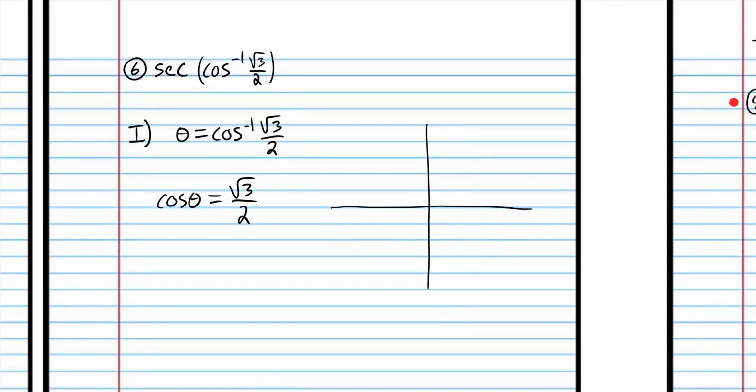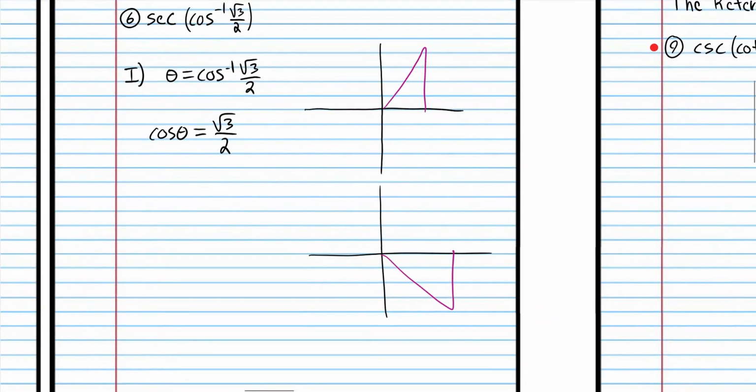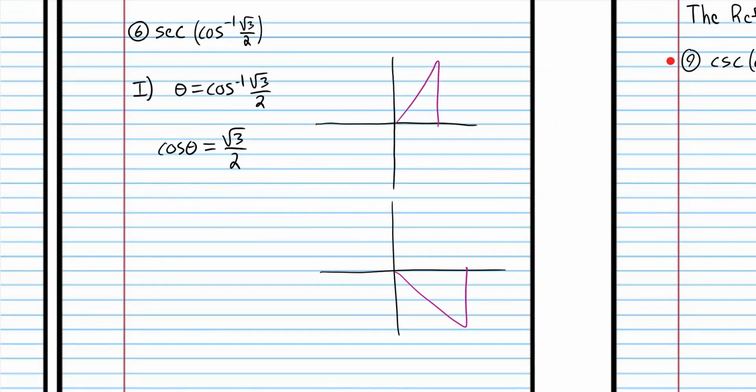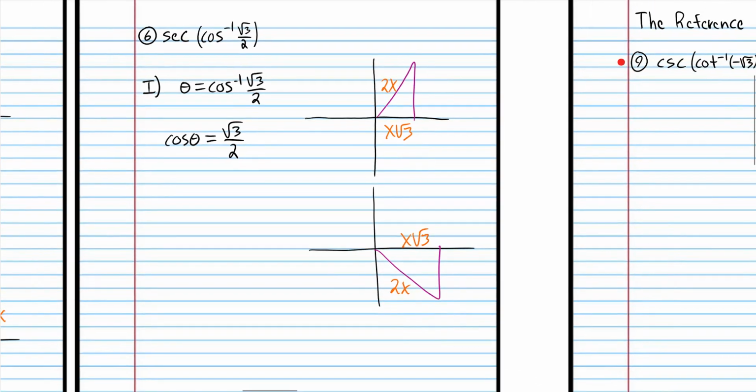Cosine is positive in the first quadrant and the fourth quadrant. So I know it's positive because cosine is the adjacent side divided by the hypotenuse. So the adjacent side must be positive for both these situations. And of course this other side is x and negative x.